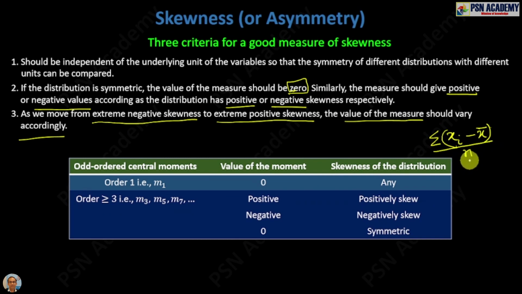And this is a moment about the mean of order 1, because the power 1 is here. Now if you give the power 2 here, that means a squared deviation, then this becomes your variance, right? You have deviations about an arbitrary point also. That means you replace this mean with some arbitrary point A and you get a deviation, right? You can have this arbitrary point as 0, which is also called a raw moment.